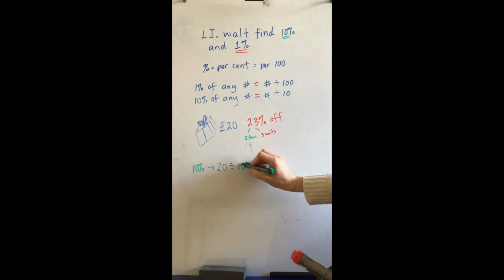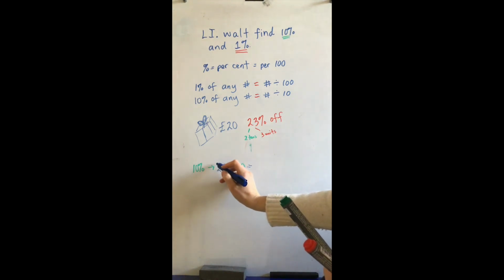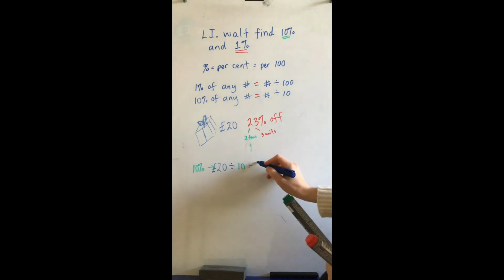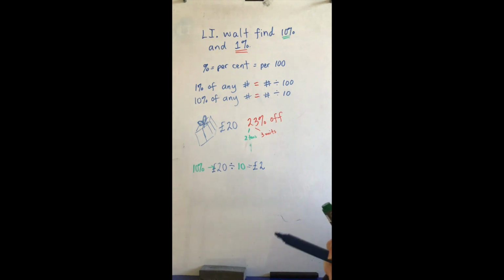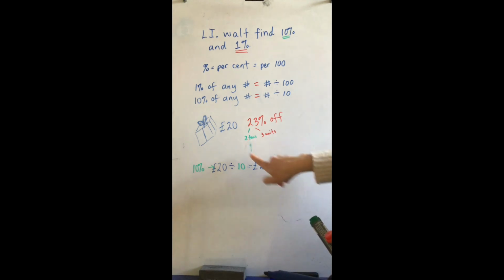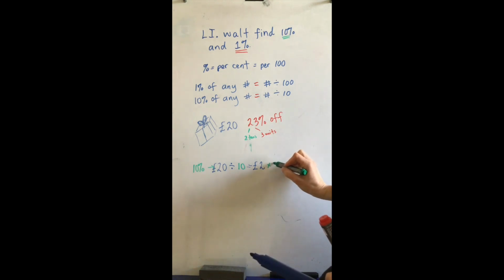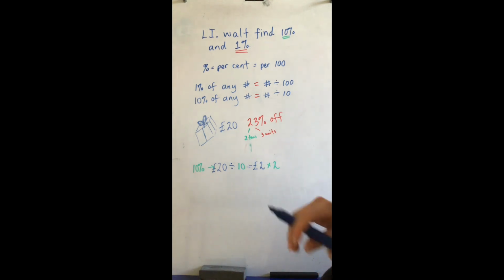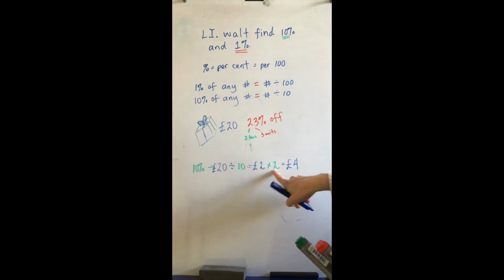So I'm going to divide by 10, and 20 divided by 10 would be 2 pounds. Okay. But I need 2 of those, so it's actually going to be 2 pounds times twice, which is in fact going to be 4 pounds. So far we've got 4 pounds off.